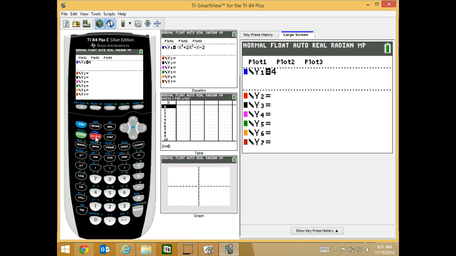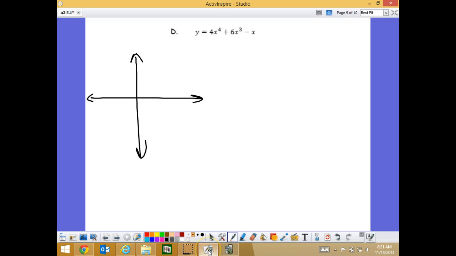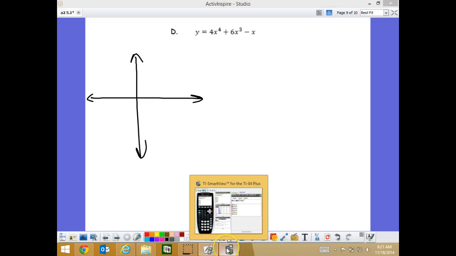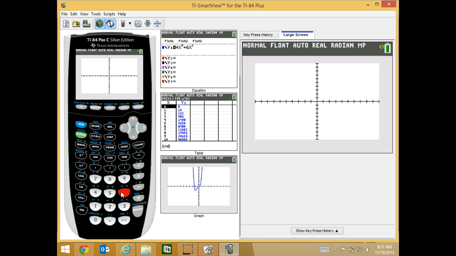So we have 4x to the 4th, and again, right arrow to get out of that exponent, plus 6x cubed, right arrow, and a quick glance to see what that last term was. It is minus x. So we finish it with a minus x. And once again, we're going to graph it on the standard window just to take a look at this.